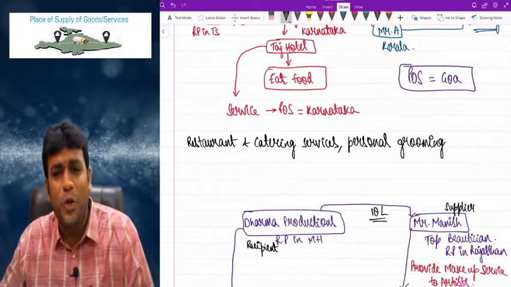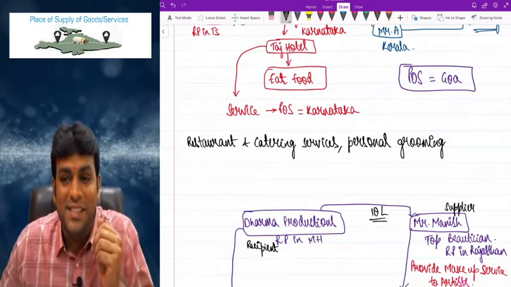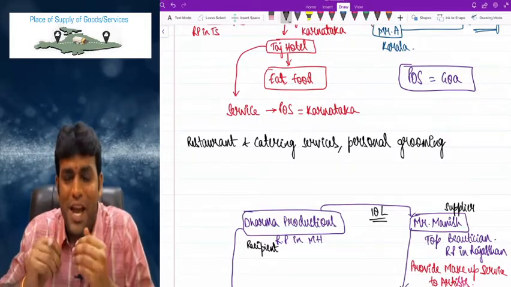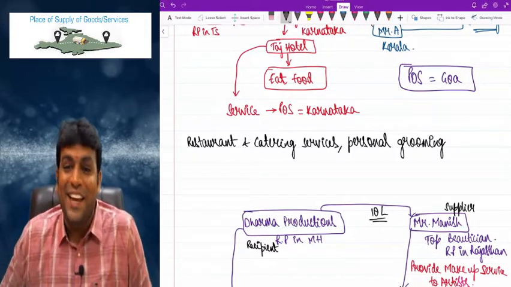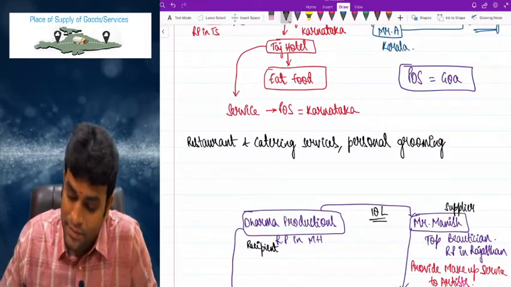Personal what, my dear friends? Grooming. Grooming is something like trying to develop some personality skills. Personal grooming is about how we should be, how we should talk to others, how we should maintain our body language. Exactly. Restaurant and catering services, personal grooming.